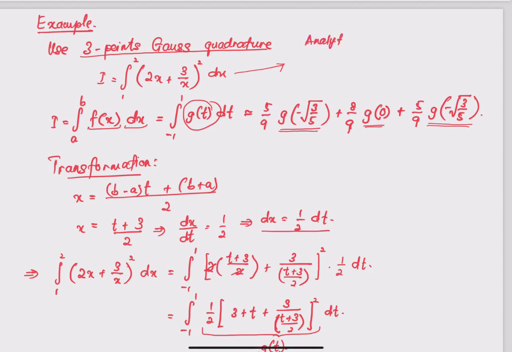You can try by yourself, because here you can integrate as usual. Analytically, this I is equal to 25.8333 if we are using 4 decimal places.